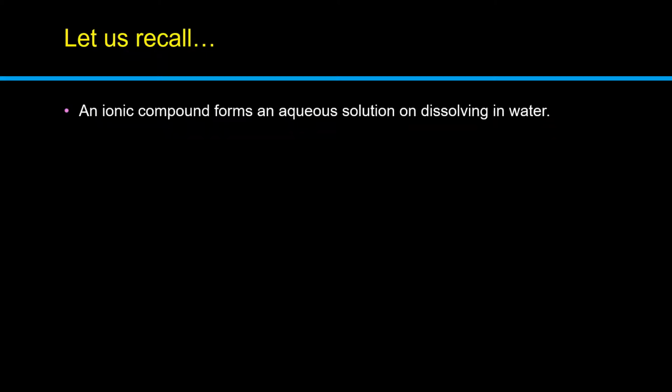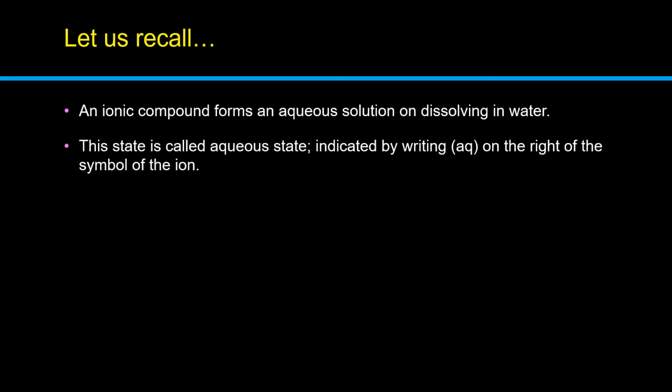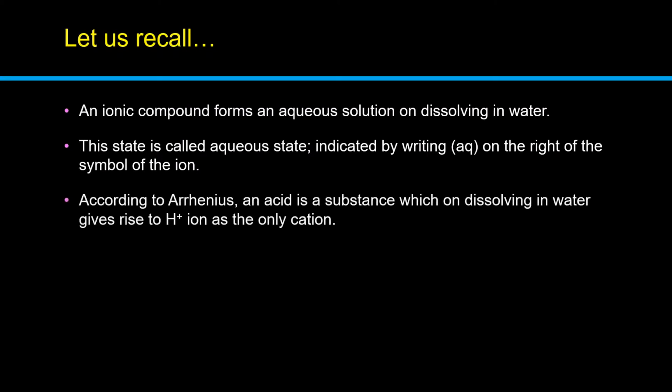Before beginning, children, let us recollect our previous module. An ionic compound forms an aqueous solution on dissolving in water. This state is called aqueous state, indicated by writing AQ on the right of the symbol of the ion.